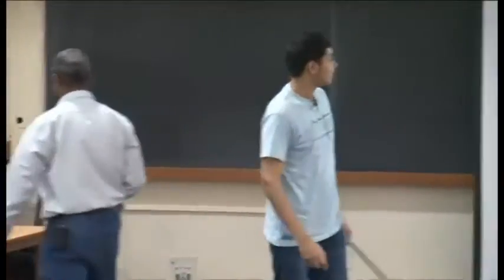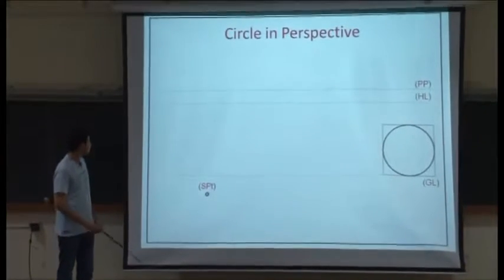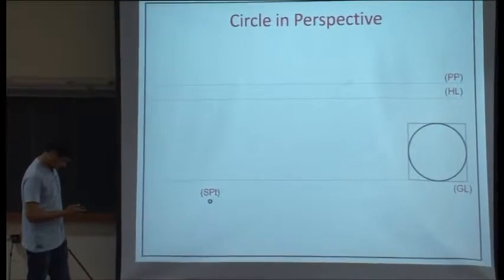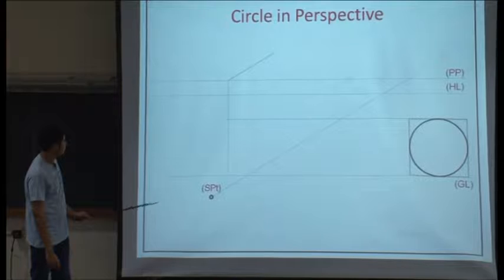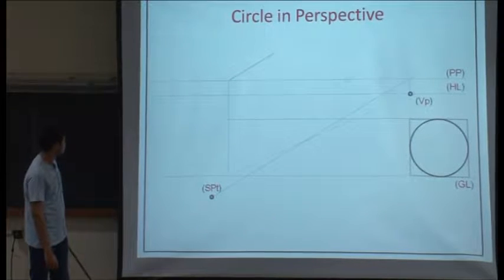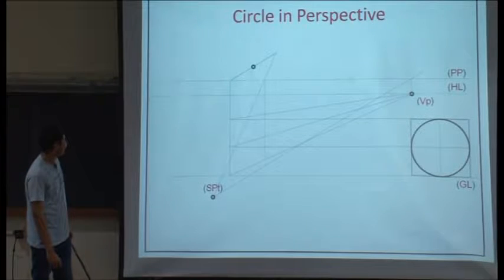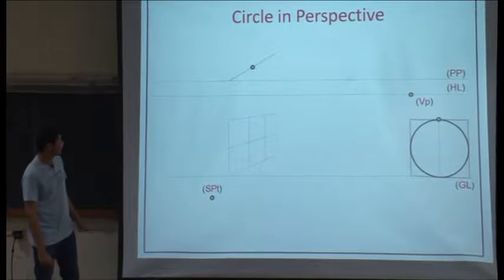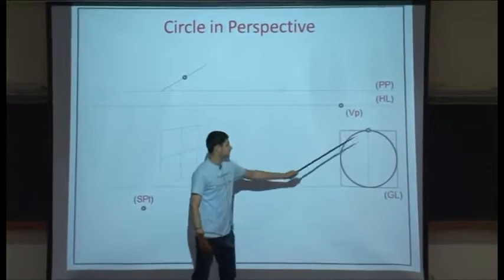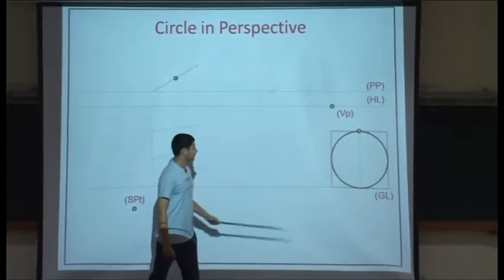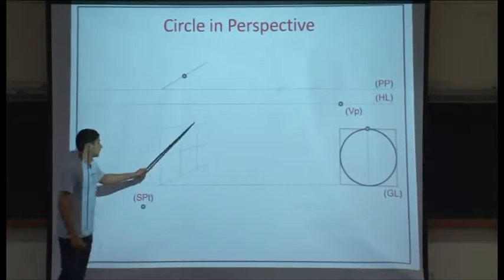Okay. So, suppose we have a circle and we have to draw it in perspective view. The simple thing is that I will take the bounding square and first draw it in the perspective view.